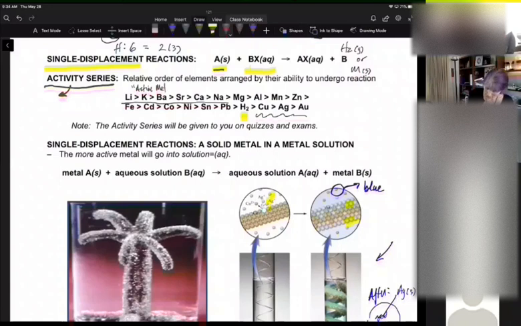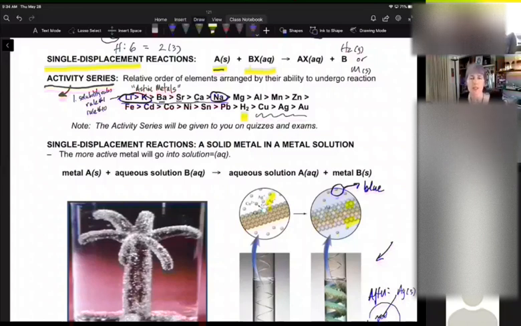Where have we seen these before? So we have a couple places. One on the solubility rules. Rule number 1 has these guys. And then rule number 10 has these guys. Those are the ones that are always soluble.